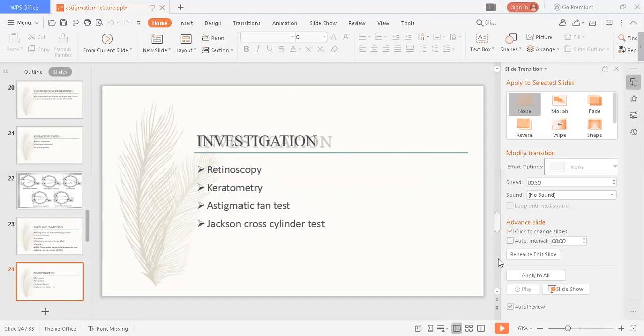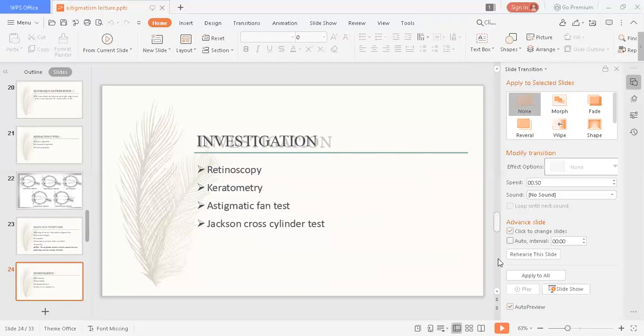Objective means the examiner determines the power of refractive error, whereas subjective means we put the lenses on the patient's eye and check whether the patient is seeing clearly or not. First we do objective refraction, we arrive at a reading, and then we put that reading on the patient's eyes on the trial frame, and we refine it so that the patient sees clearly and doesn't have strain. So that is the process of refraction.